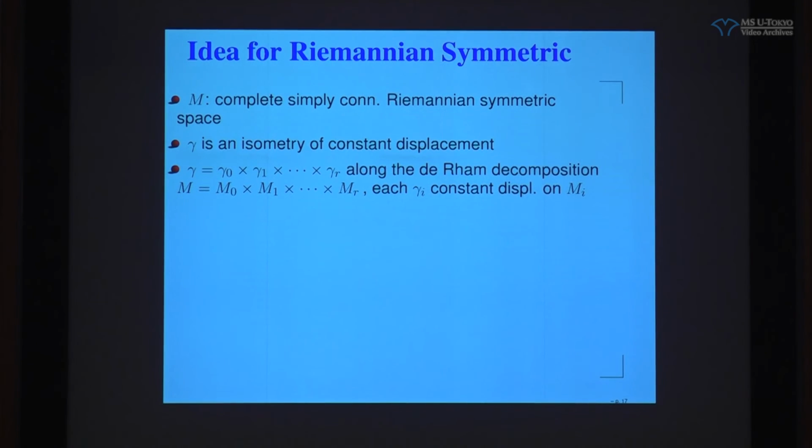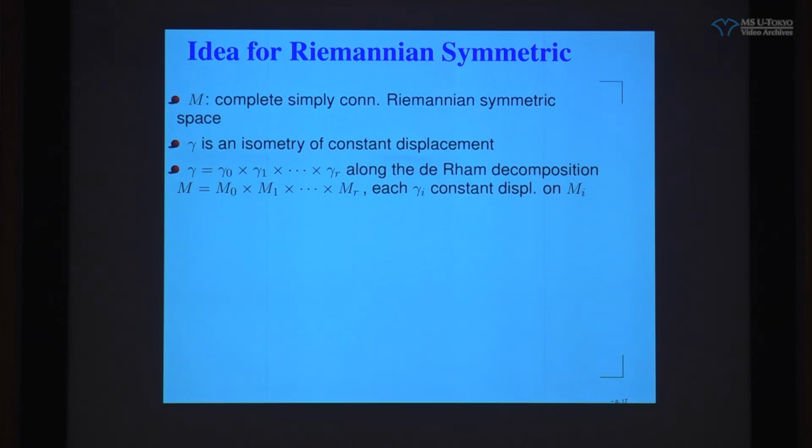And then the isometry of constant displacement breaks up as a product. This takes a proof, but it's pretty straightforward. And each of these is constant displacement. So as I said, now we're in the situation where we can assume that M is compact and irreducible.